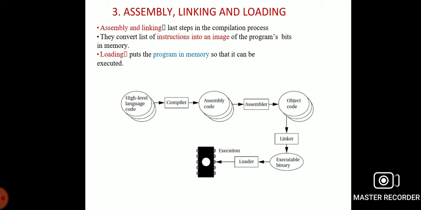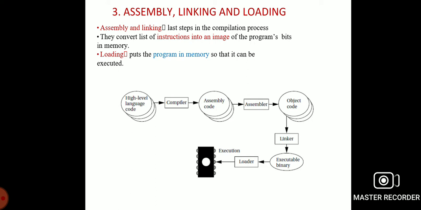So the compilation technique is used to convert high level language code to assembly language code, that is, bit level language code. The compiler is used to create the instruction level program into the assembly language code.